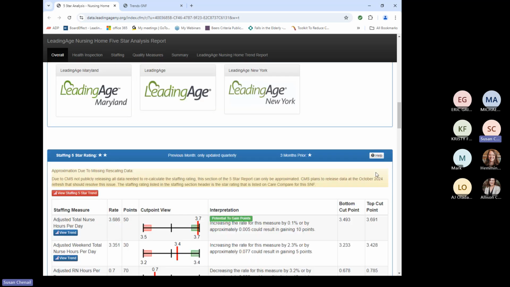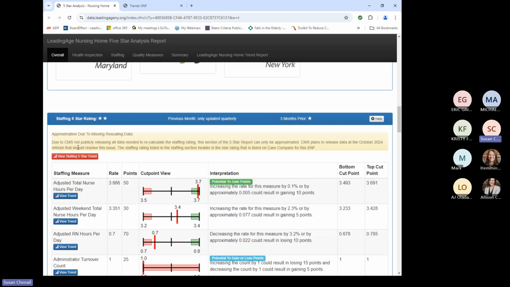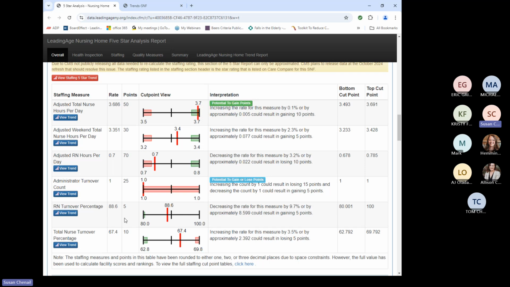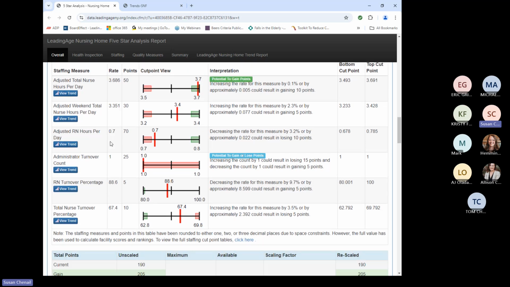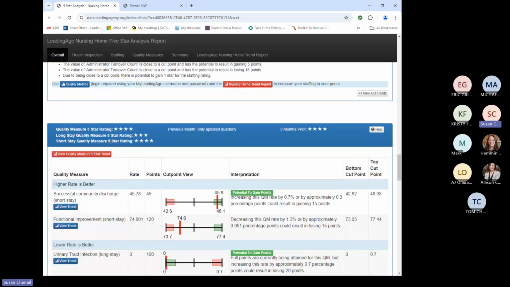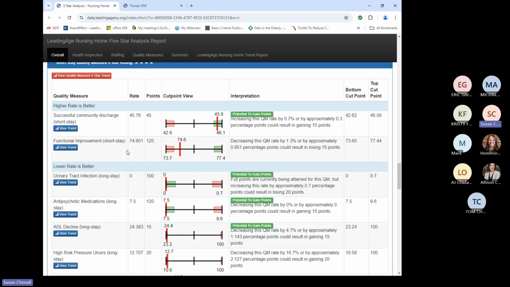The second domain is the staffing star rating, and we analyze all 6 of the measures that are used to calculate the staffing domain. And then the third domain is the quality measures domain, and we analyze all 15 measures that are used to calculate this domain.